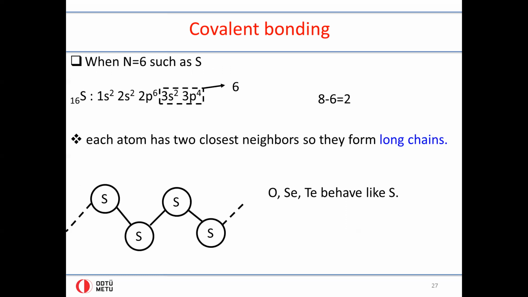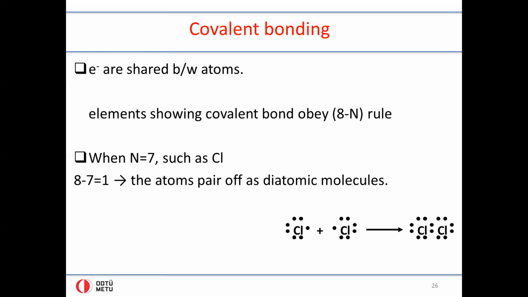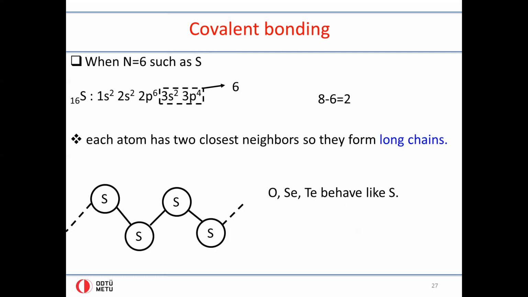So now you can have covalent bonds when your valence electrons number 7, or when it's 6. But when it's 6, you get a slightly different situation. You have sulfur, which has a certain number of valence electrons and a deficit of 2 electrons.